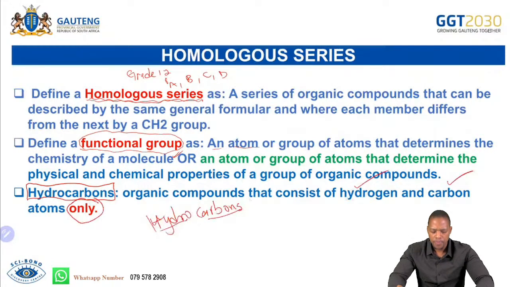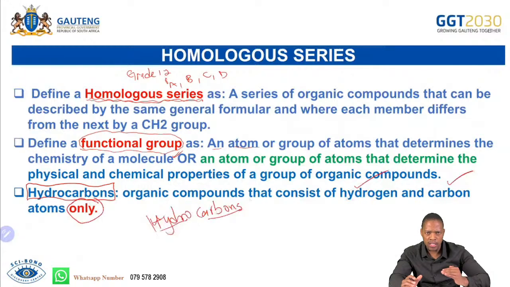Now I want us to go and look at the homologous series that we are talking about. These are our classes A, B, C, D, E, and we are also going to check the functional group to say, how do I know that this compound belongs to A, to B, to C?